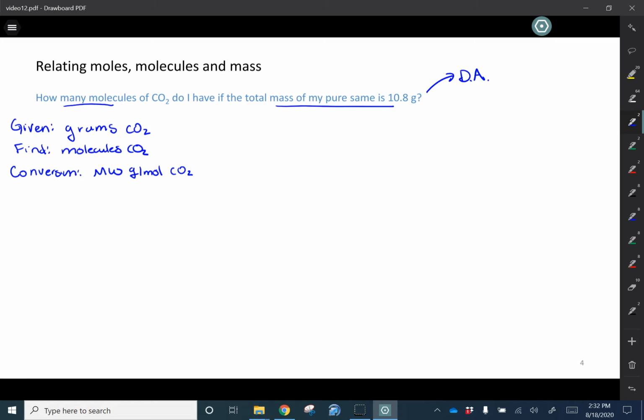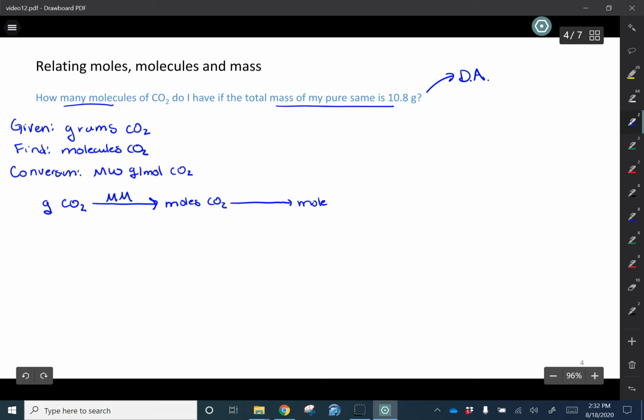So we could say, well, if we have grams of CO2, we can use molar mass or molecular weight to go to moles of CO2. Molar mass or molecular weight, same thing. And then from moles, we can go to molecules. We've done that before using Avogadro's number. Great. So our two conversion factors are molecular weight and Avogadro's number.